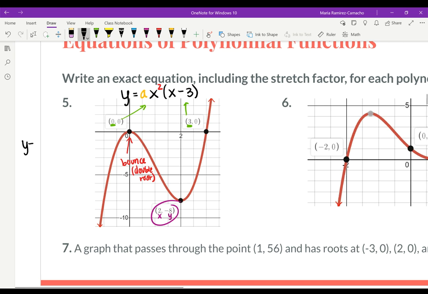So we've got y equals a x squared times x minus 3. I'm going to plug in negative 8 for y and positive 2 for x.